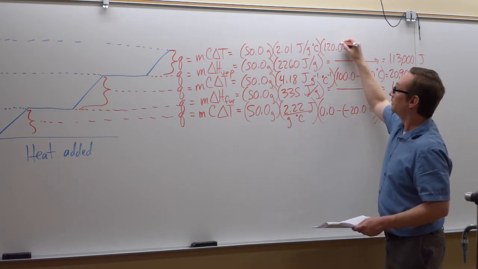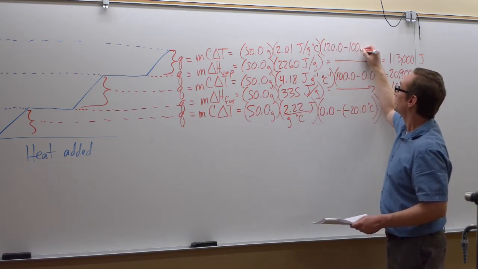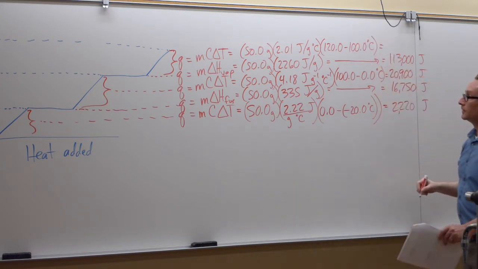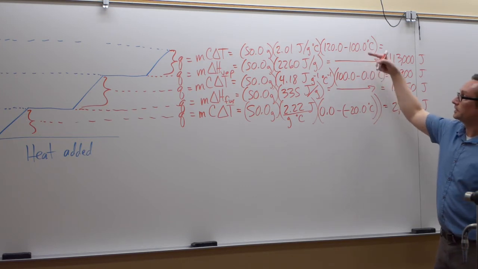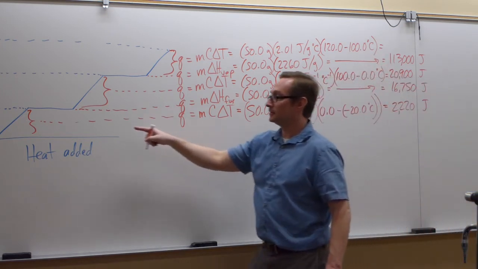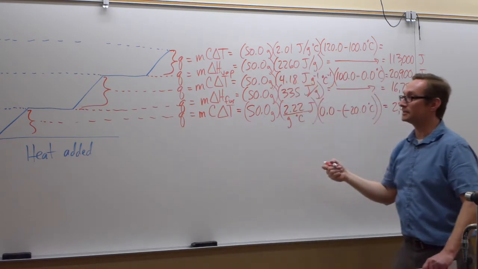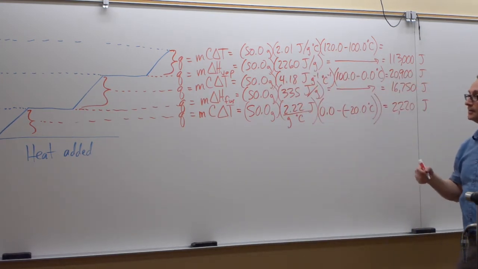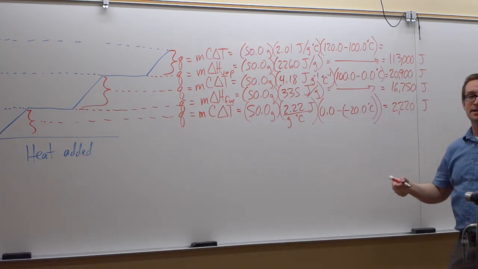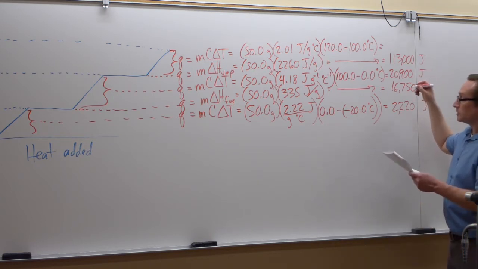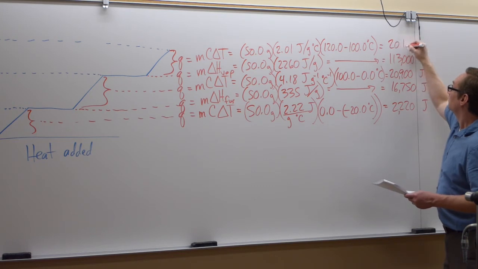All right, 120 minus 100. So notice how the delta T is in place only for the rising parts. I don't have delta T for the phase changes, because for a phase change, temperature stays constant. So this will be 2010.